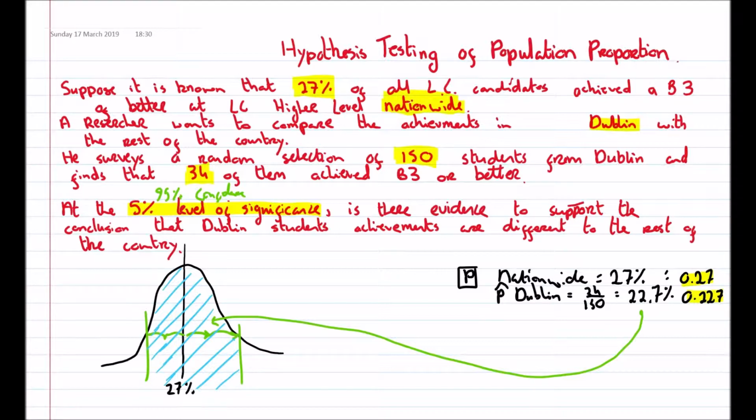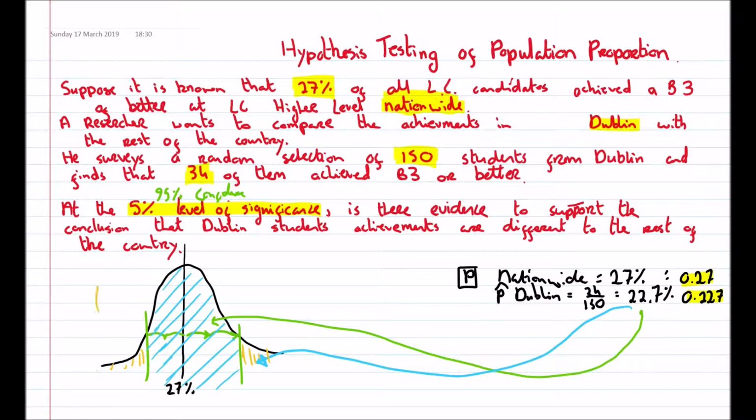However, if this result lies out here, well, it's outside the 95% confidence interval. Okay, so if it's here or here, and if it's outside, well, then I cannot say with 95% confidence that the kids in Dublin are getting the same results as the kids in the rest of the country.